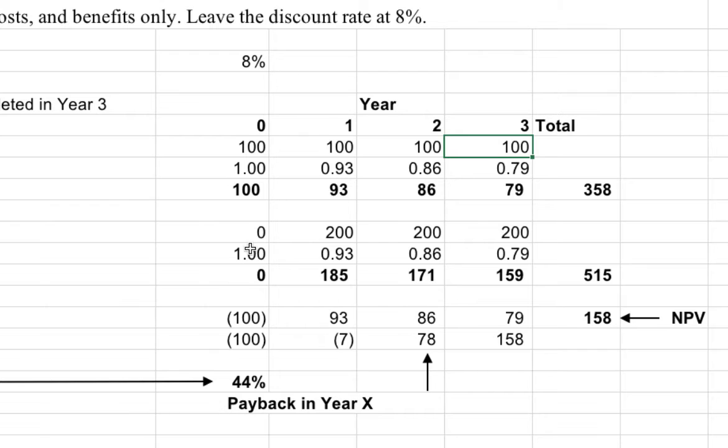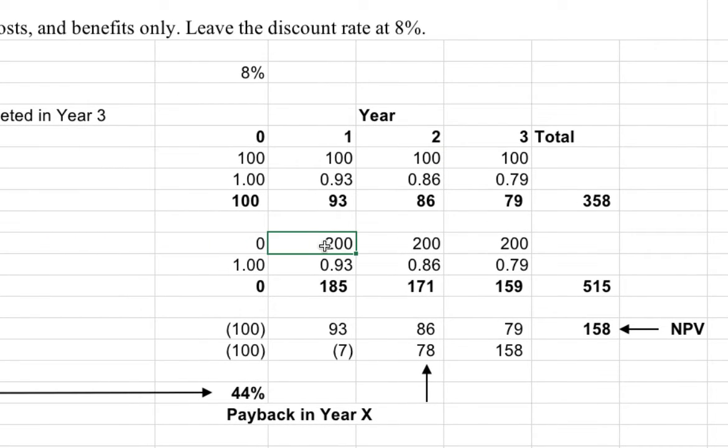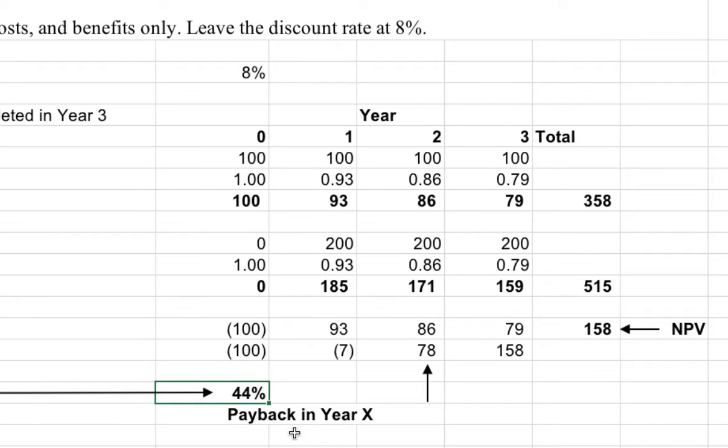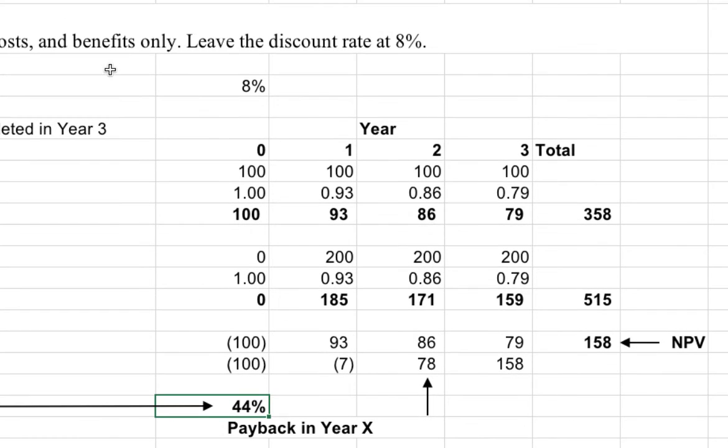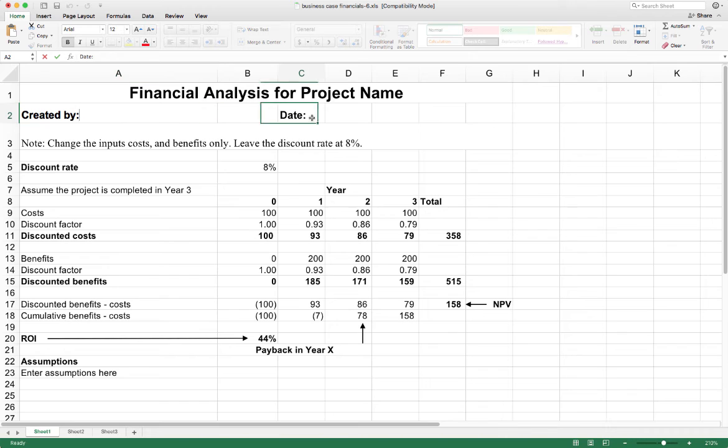Then you want to put in some of the values of the benefits for each of the 4 years, and then you will end up with a positive net present value and a positive return on investment. And of course, you want to make sure that you put in your project name here. For the created by, you could put in just your team name and then the date of the project.